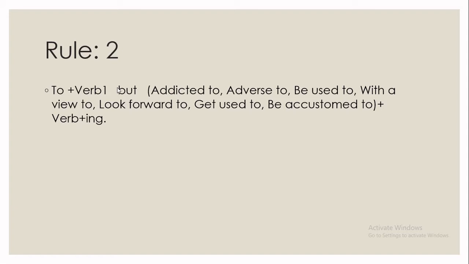Go is verb 1, went is verb 2, and gone is verb 3. So after to we usually use verb 1, but after addicted to, adverse to, be used to, with a view to, look forward to, get used to, be accustomed to, we always use verb plus ing. So we have to add ing to the verb.